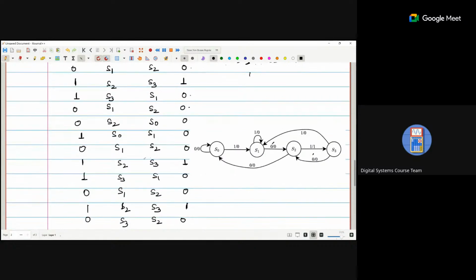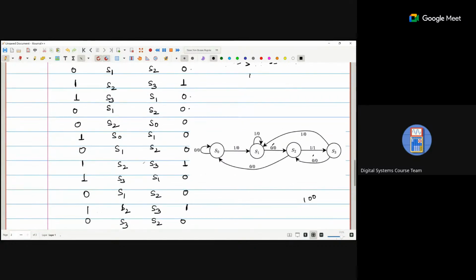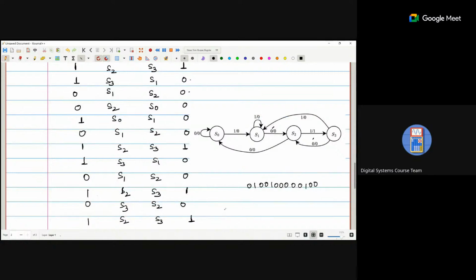The output is 0, 0, 1, then 5 zeros, then 1, then 2 zeros, then 1 and then zeros. And the last one is 1. This is the final output.